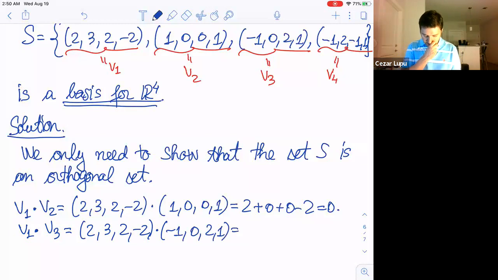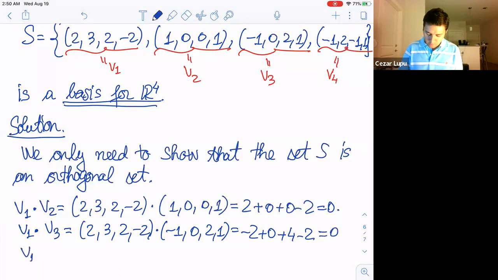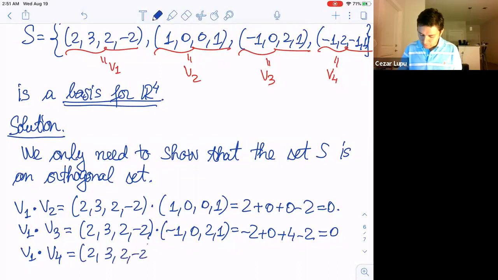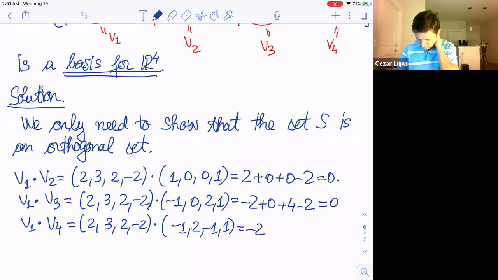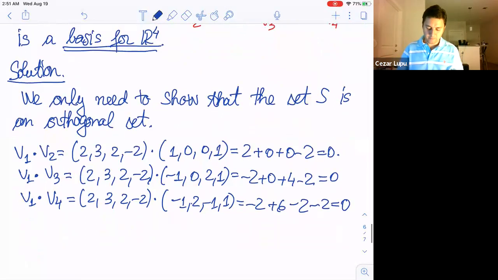This gives negative 2 plus 0 plus 4 minus 2, which is 0. And now v1 dot v4: (2, 3, 2, -2) dot with (-1, 2, -1, 1). This will be negative 2 plus 6 minus 2 minus 2, which gives us 0.